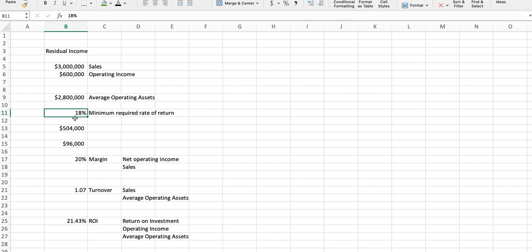We had a minimum required rate of return of 18, so our ROI is good. And so again, just some measures that we look at when we're trying to determine how we're performing. You can also do bonuses based on this and so forth.